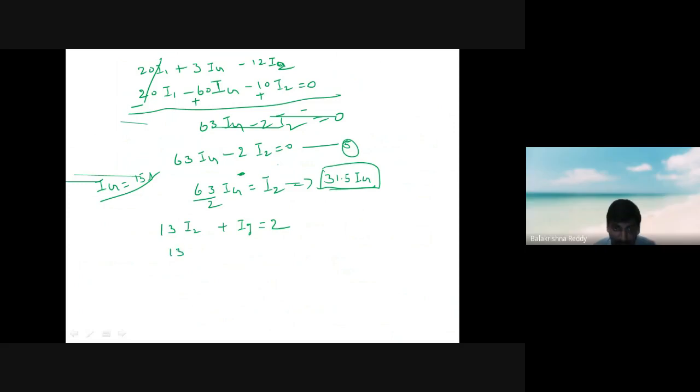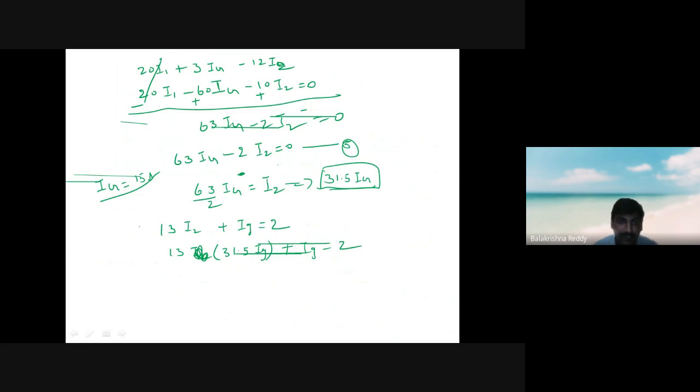Now what I am doing simply, in place of I2, I am writing 31.5 Ig, and plus Ig gives us 2.